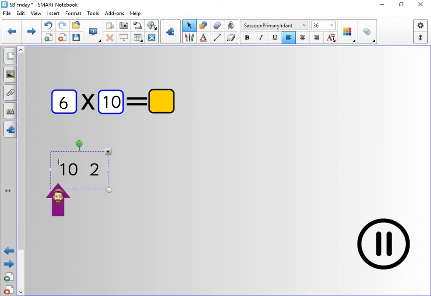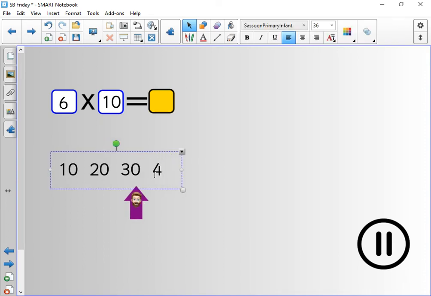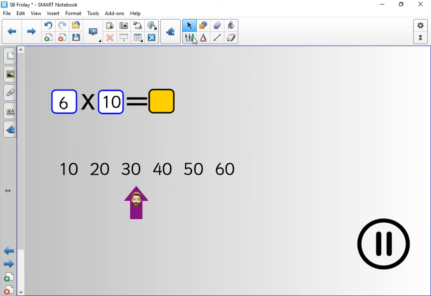10, 20, 30. How many 10s have I got? 1, 2, 3, not there yet. 40, 50, 60. I think I've got 6 10s, but I'm just going to count and dot to check. 1, 2, 3, 4, 5, 6.